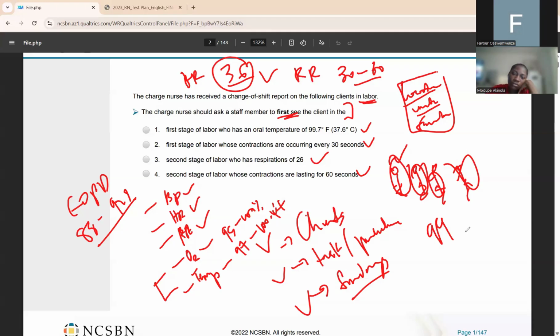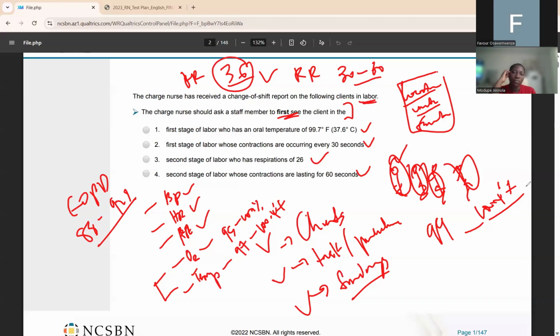But if you have anything higher than 100.4, it cannot be inflammation. That will be considered infection, because it's only infection that can go as high as 100.4 and above, like 100.5, 106. Inflammation cannot go as high as that. Okay, so that is that for the temperature. Just take note.